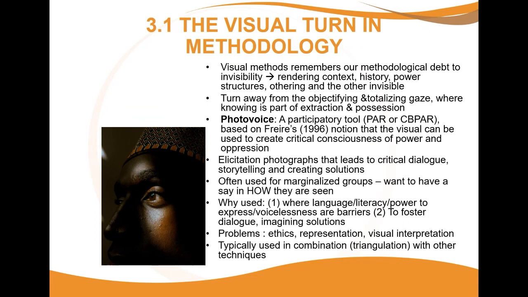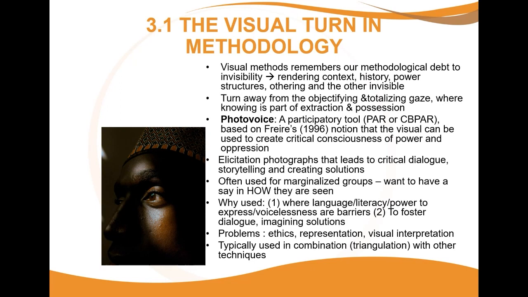We made things into data points, things and peoples and their histories, without paying due attention to context, history, or power structures. And it became an othering and making things invisible that we now want to push against.